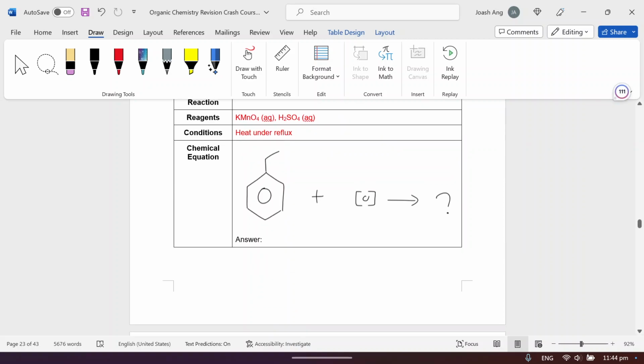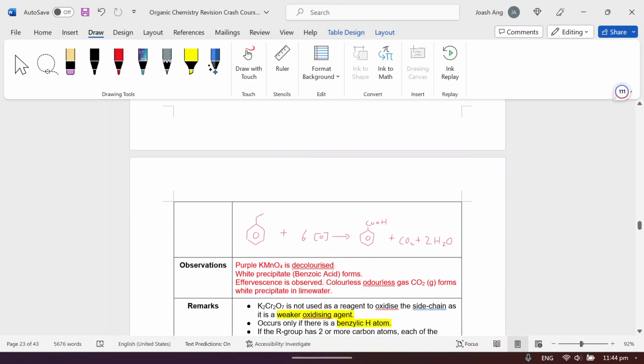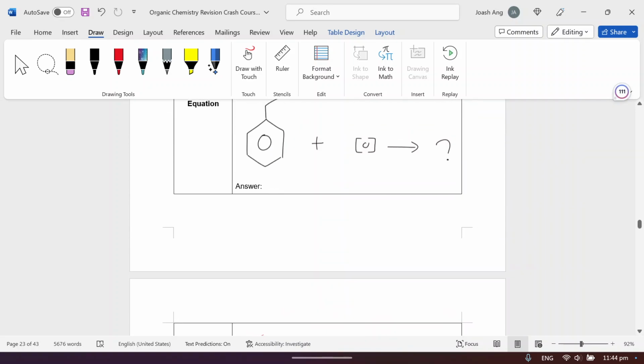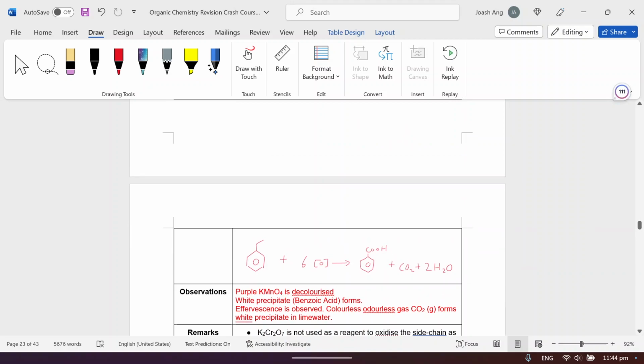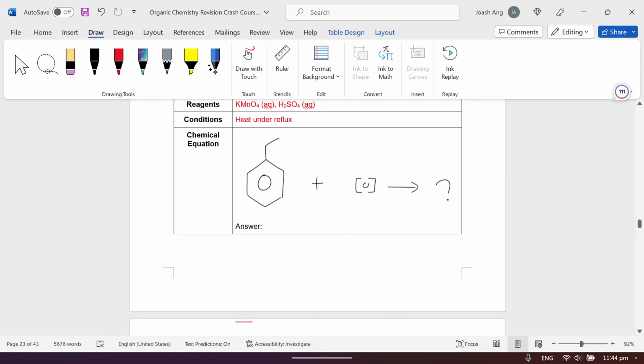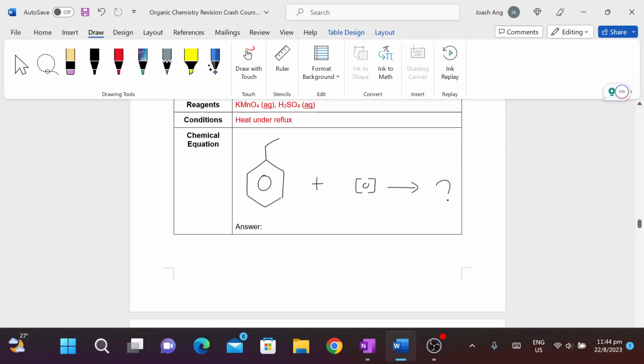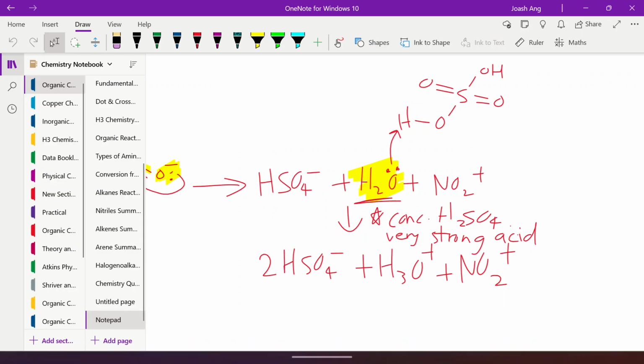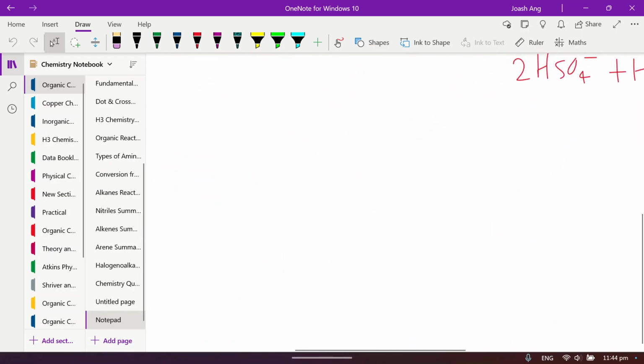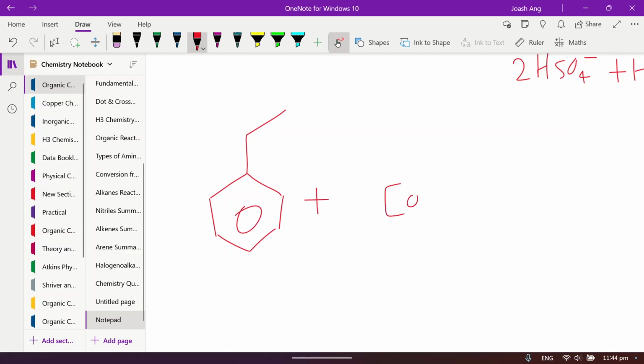For this case, some people may find the balancing of the chemical equation a bit hard, so I will show you how to balance this. First step, when you see this type of balancing equation, you always have to balance the carbon first.